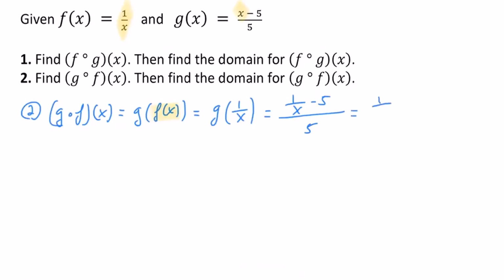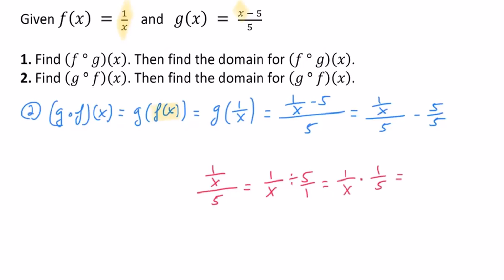So this is (1/x)/5 - 5/5. Split it up into two separate terms. So (1/x)/5 means 1/x divided by 5, or 5 over 1, so we need to flip the second fraction. So 1/x times 1/5 is 1/(5x).